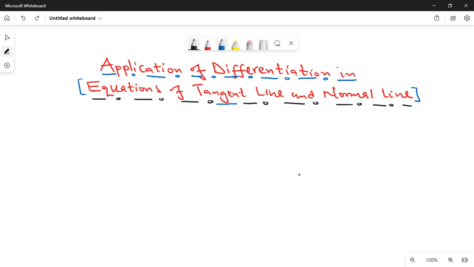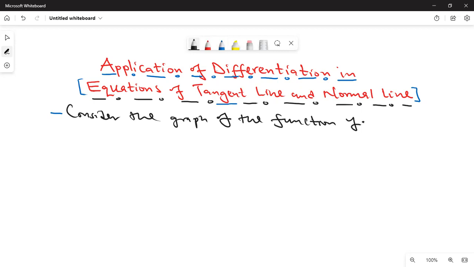I want us to consider the graph of the function y is equal to f of x. Let me draw it here.